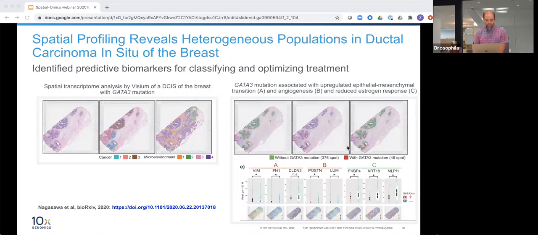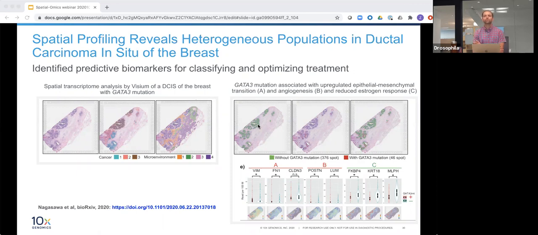So a recent paper from the University of Tokyo, this is a preprint, was able to look at the same breast cancer. In this case, they were looking at this GATA3 mutation. And what was cool here is that the GATA3 mutation that they were interested in happens to be at the 3' end.